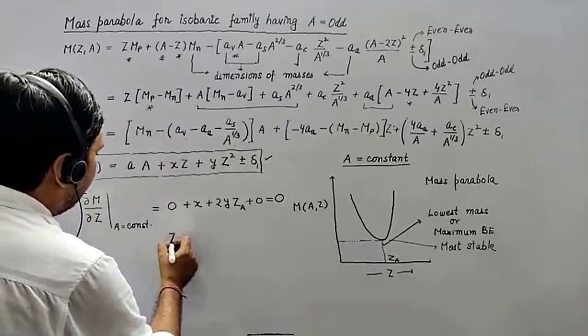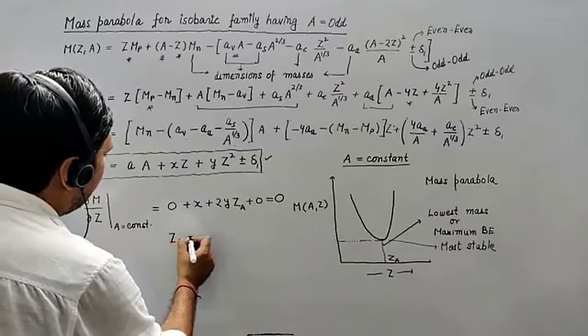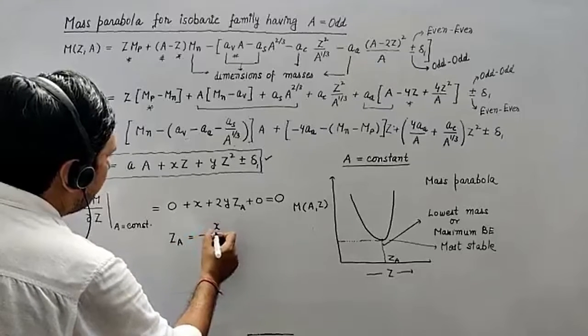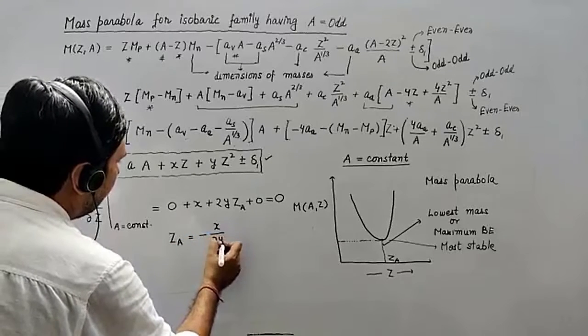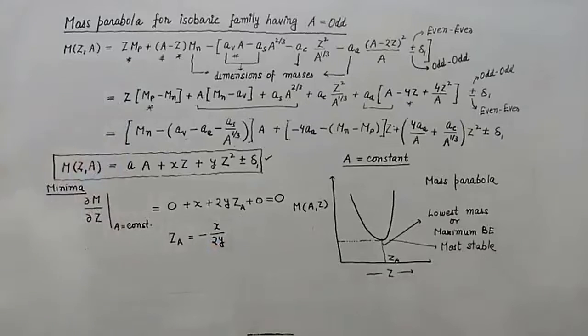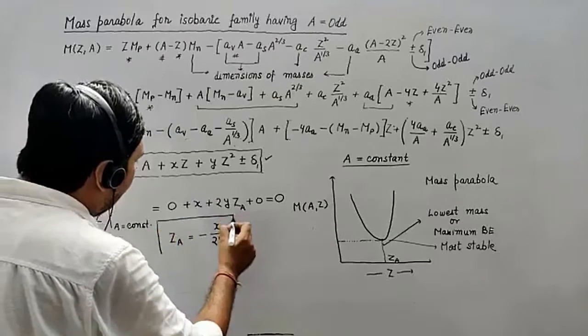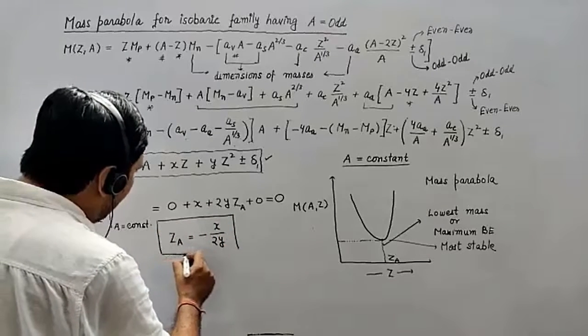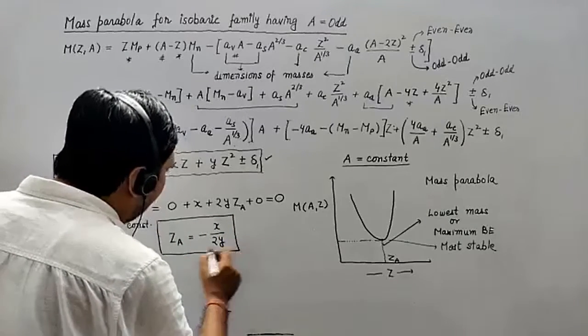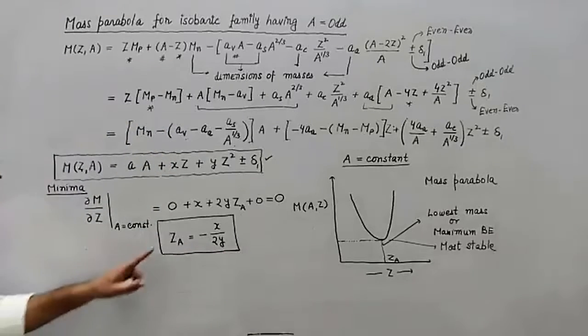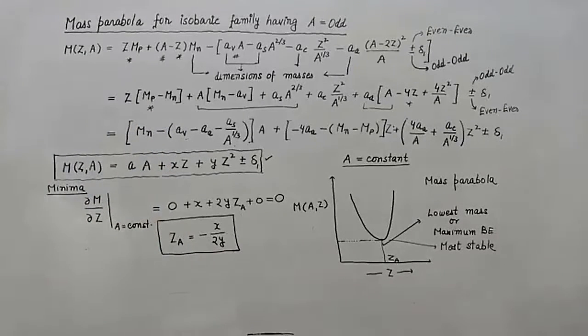Then Z_A will come out to be minus x upon 2y. So the most stable nuclei in an isobaric family will have atomic number equal to minus x upon 2y.